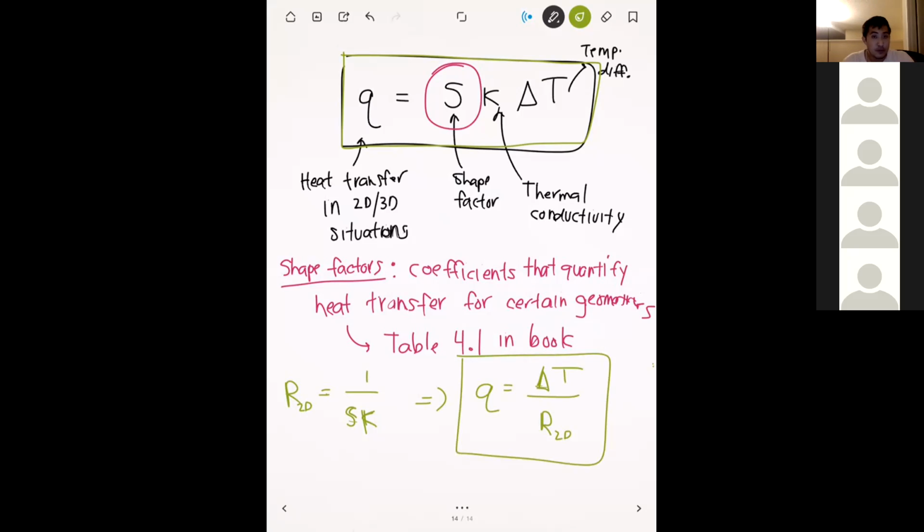Right? And so this formula, when I put it in this form, basically looks exactly like our thermal resistance formulas that we've been using all the way up until this time, right? And so you can almost think of the shape factor as a thermal resistance that occurs due to geometry.